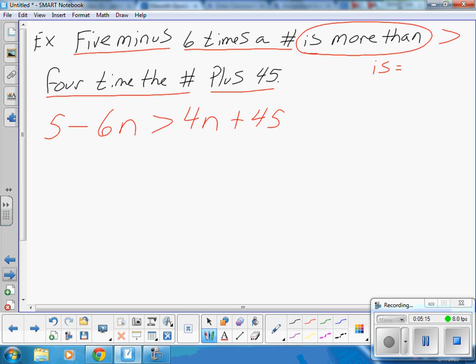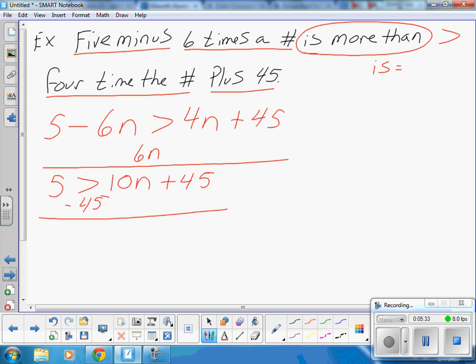I am going to add 6n to both sides. So I have a positive n value. So it would be 5 is greater than 10n plus 45. Subtract 45 from both sides. That'll be a negative 40 is greater than 10n.